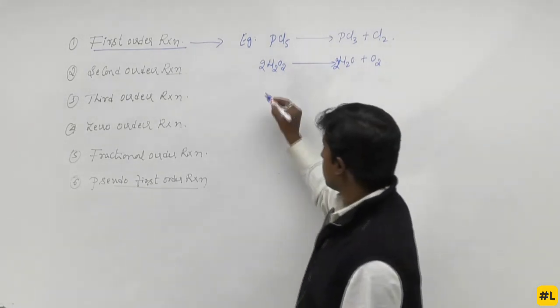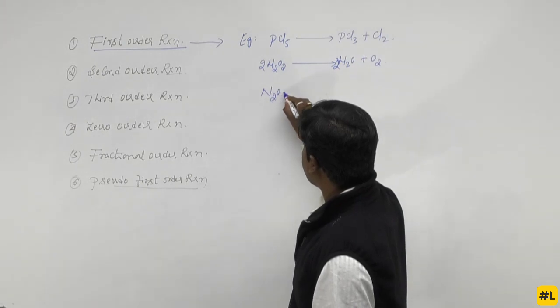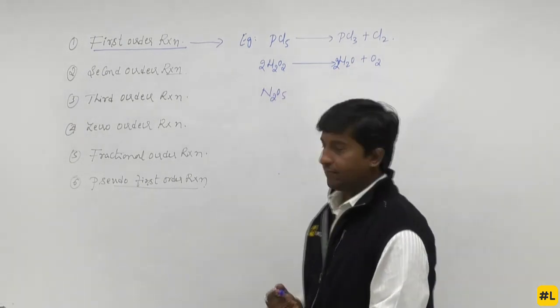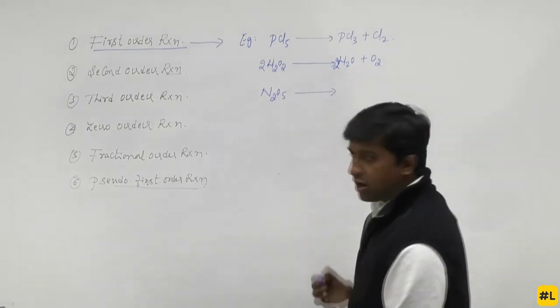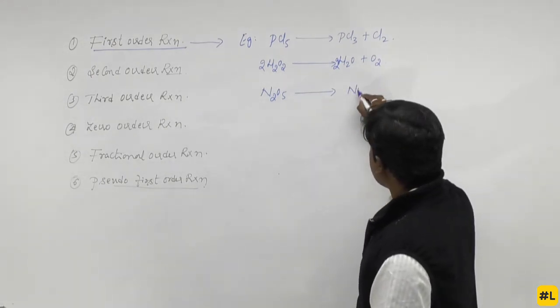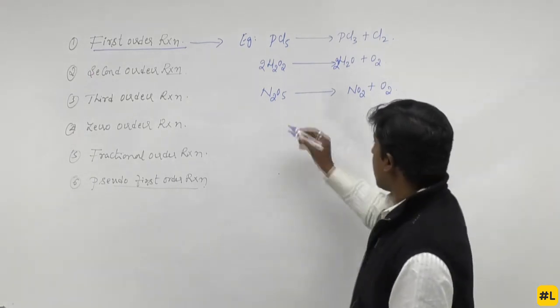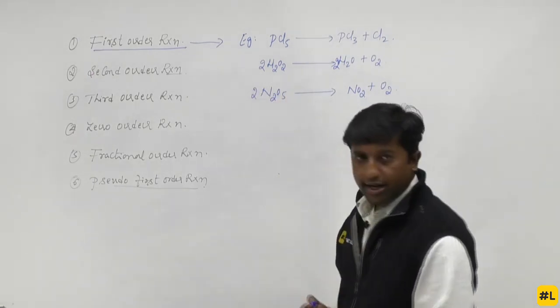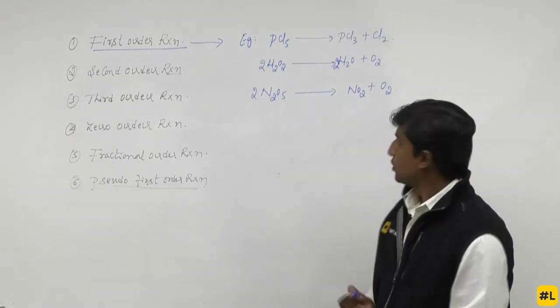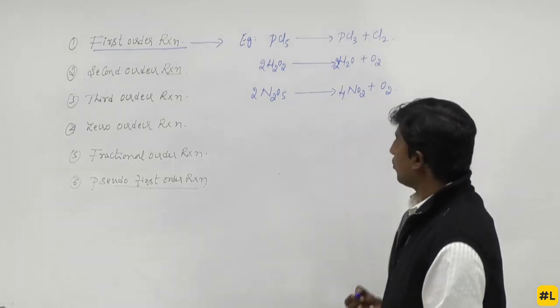I take one more example, decomposition of nitrogen pentoxide. Nitrogen pentoxide decomposes to give nitrogen dioxide and oxygen. Again, to balance the equation, I am going to add stoichiometric coefficient 2, so that here I should add 4NO2.